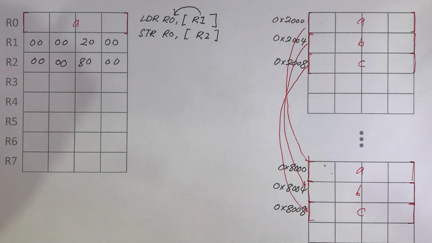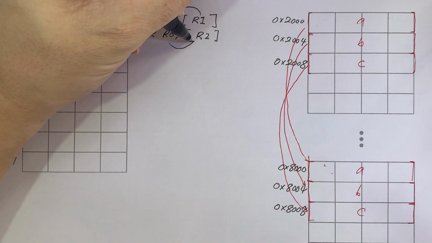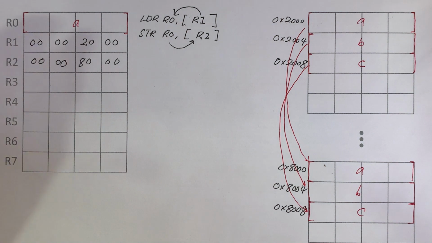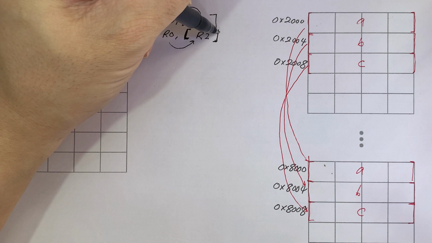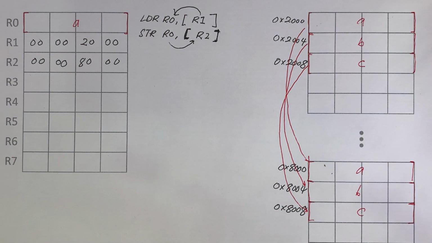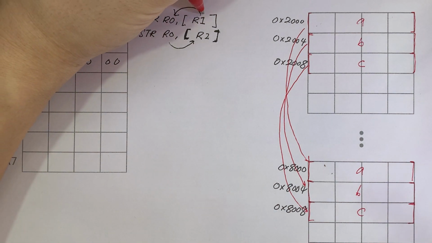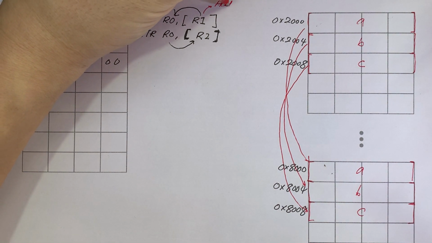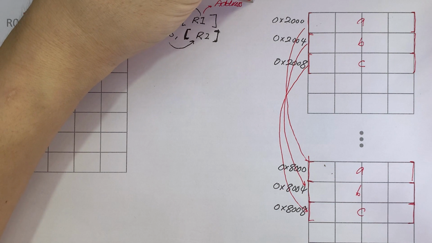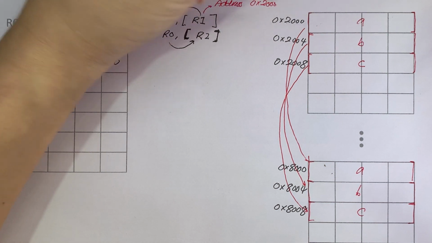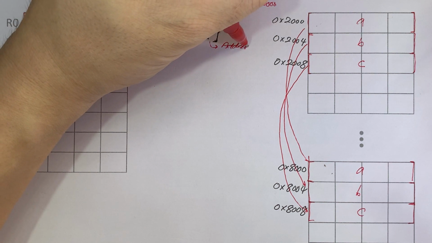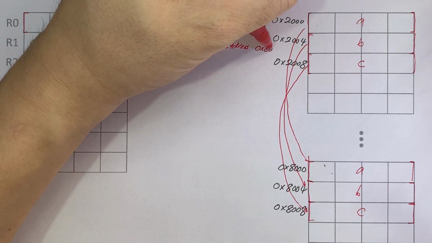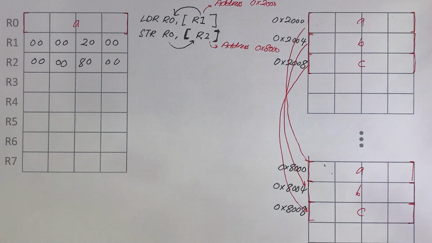So in this case, I'm going to store back into the memory, right? So the address, if you recall, in this case is 0x2000, and the address for this one is 8000.